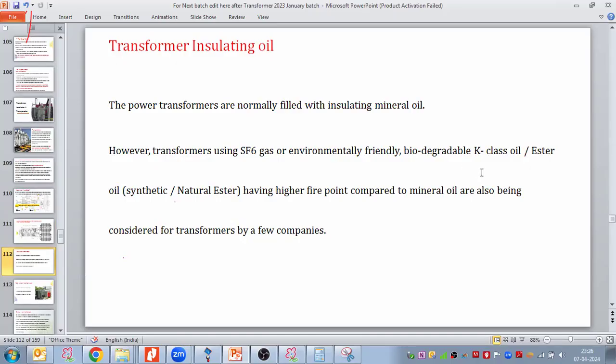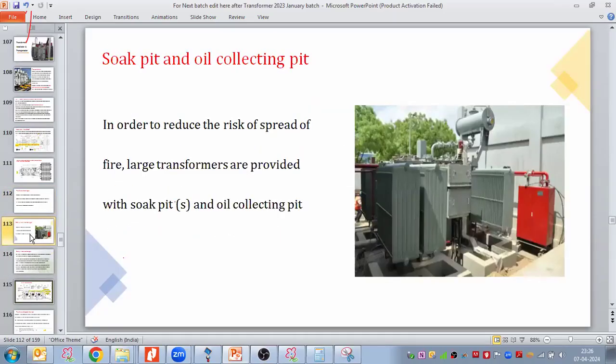Biodegradable K-class oil, ester oil or synthetic natural ester oil, having a higher fire point compared to mineral oil, are also being considered for transformers by a few companies, and these are nature-friendly oils compared to mineral oils. So a few companies also consider those kinds of oil as well.